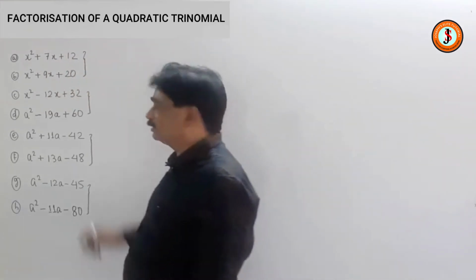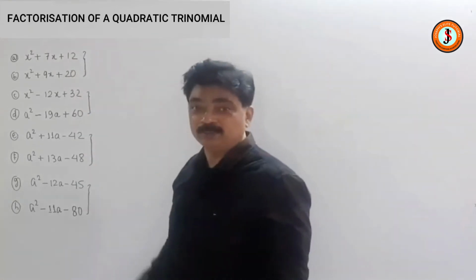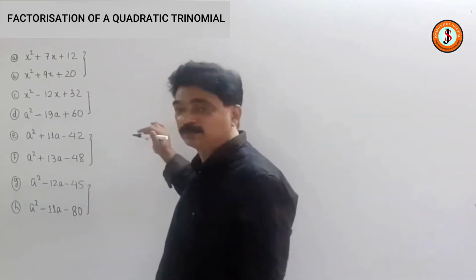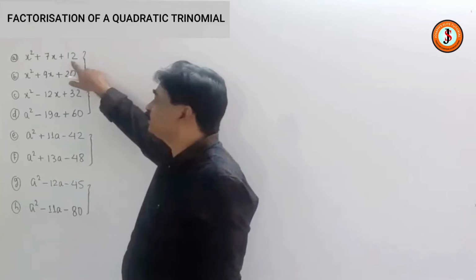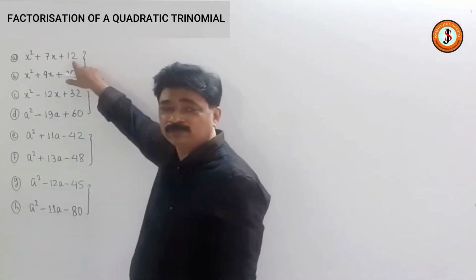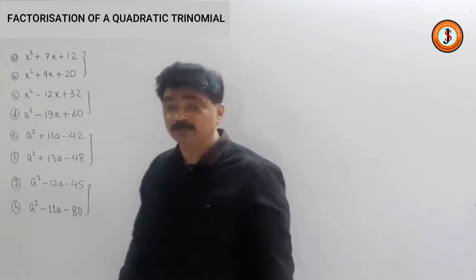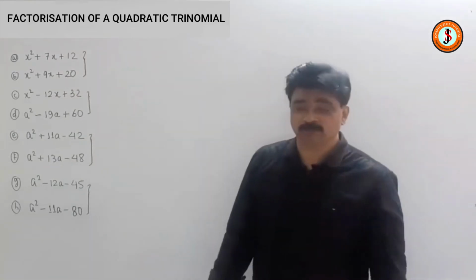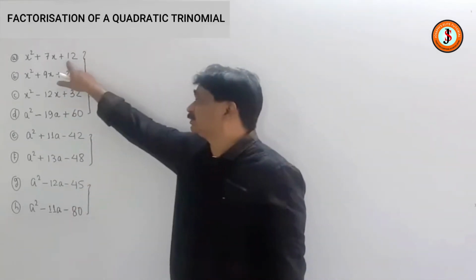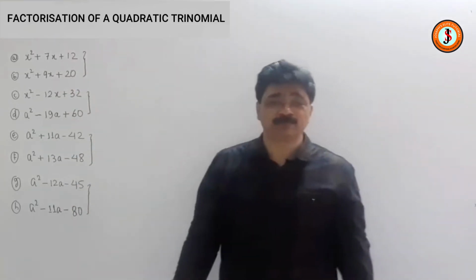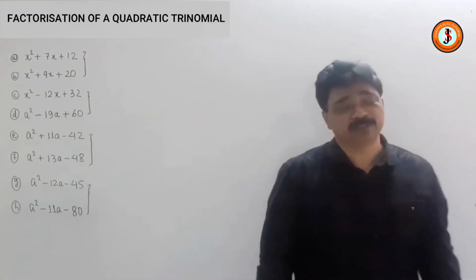What I mean to say is that when you factorize by splitting the middle term, you get 2 numbers whose product will be 12 and whose sum will be 7. Always remember that if the constant has a plus sign, the signs of the split numbers will be the same.